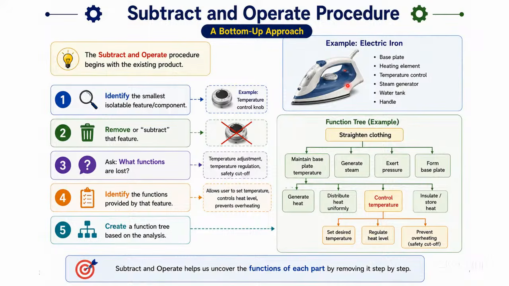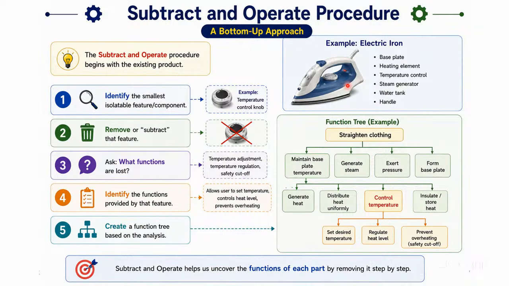So now you ask a question, what are the functions that are lost? So if the control knob is not present, what is lost? A temperature adjustment is lost, temperature regulation is off, then safety is also cut off. So now you have identified what are the functions. You subtract the component or the feature, then you find out what are the functions that are lost because of it.